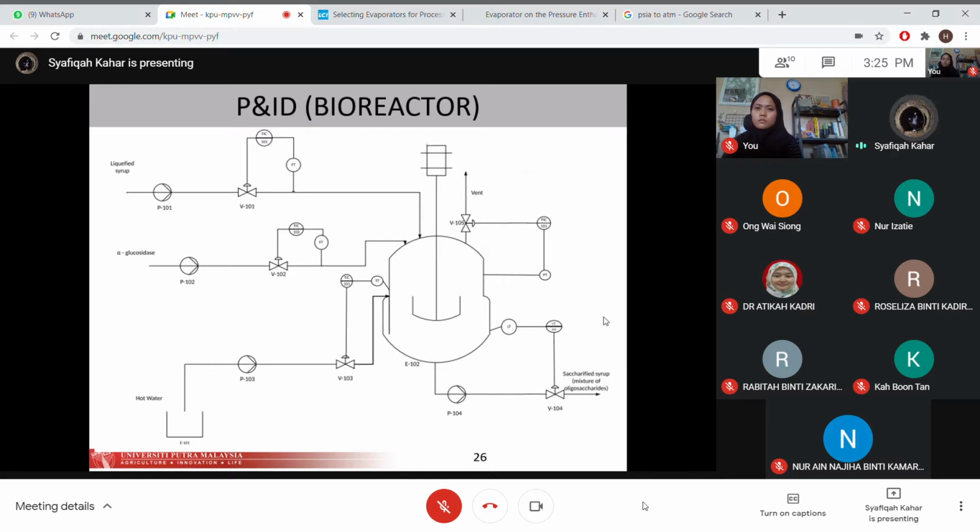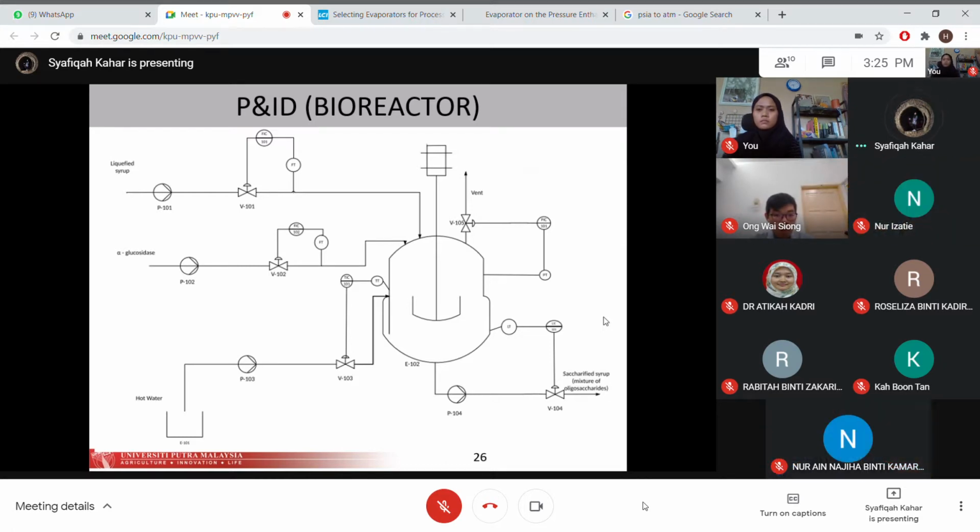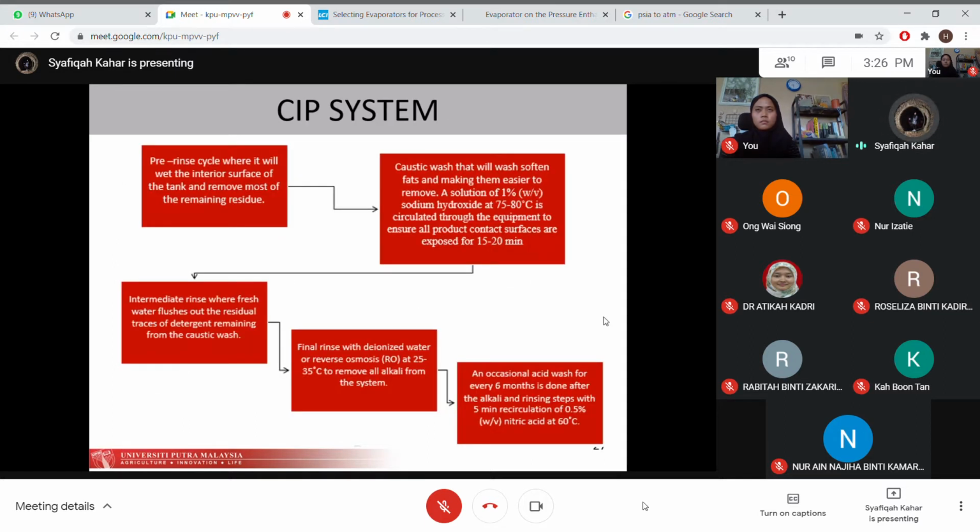So the temperature transmitter will be equipped, and then the temperature controller will regulate the bath for the hot water medium. And then the discharge is equipped with the level controller. This is a batch process, so the valve will not open until the reaction is settled.